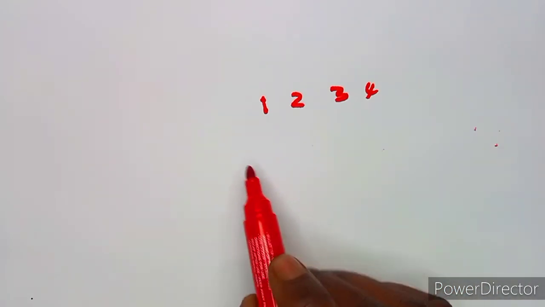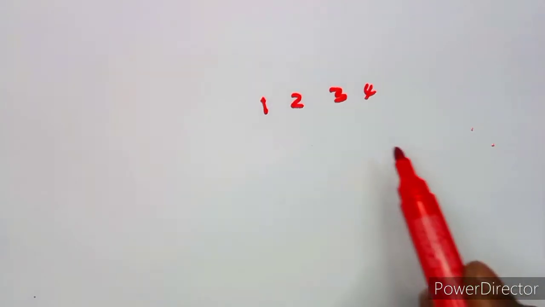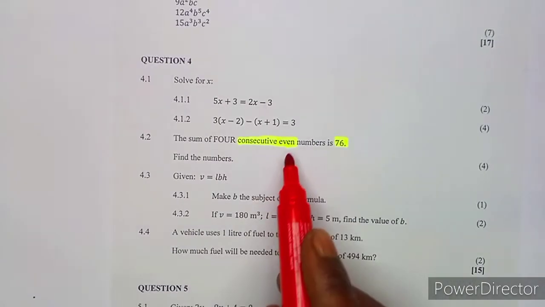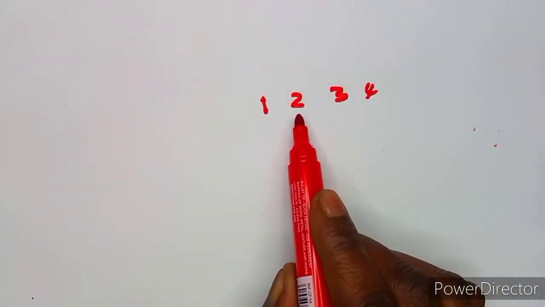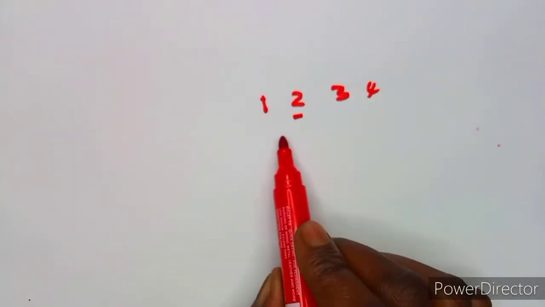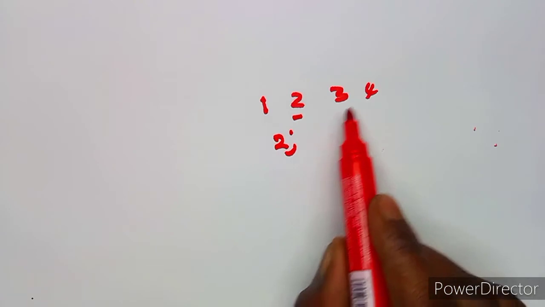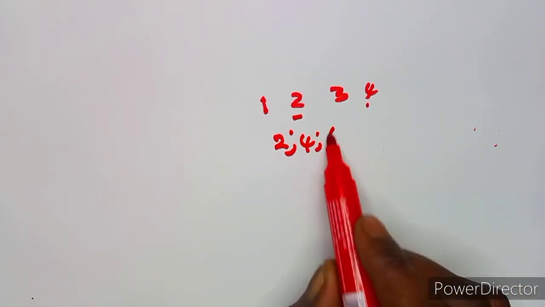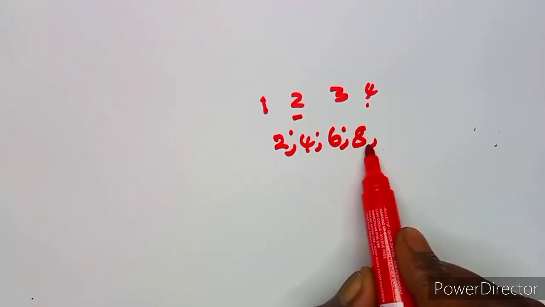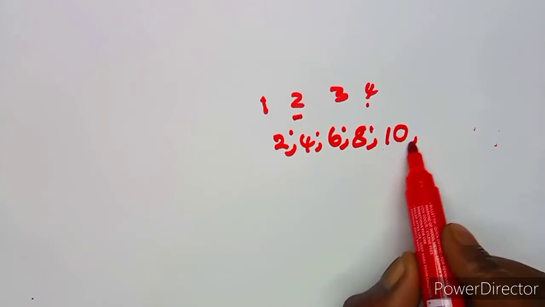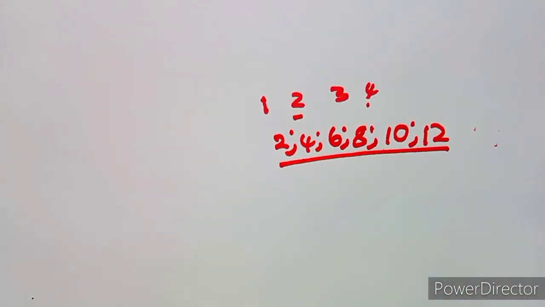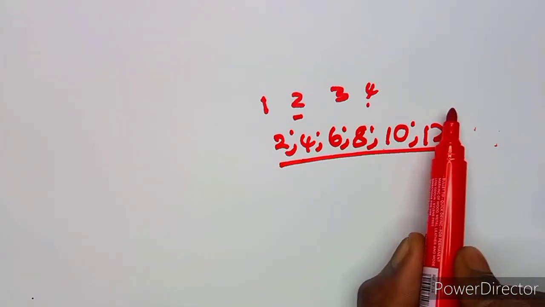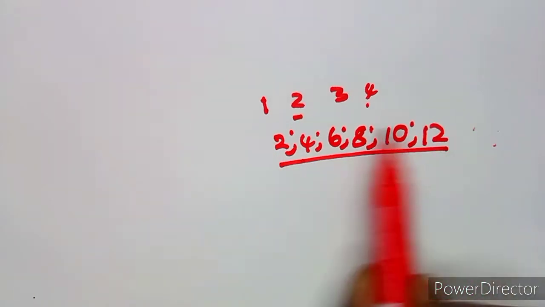If we are referring to consecutive even numbers, let's take an example like this: 2 is an even number. So you're going to have 2 followed by 4, followed by 6, followed by 8. So these are what you are referring to as consecutive. This time you're only talking of even numbers.